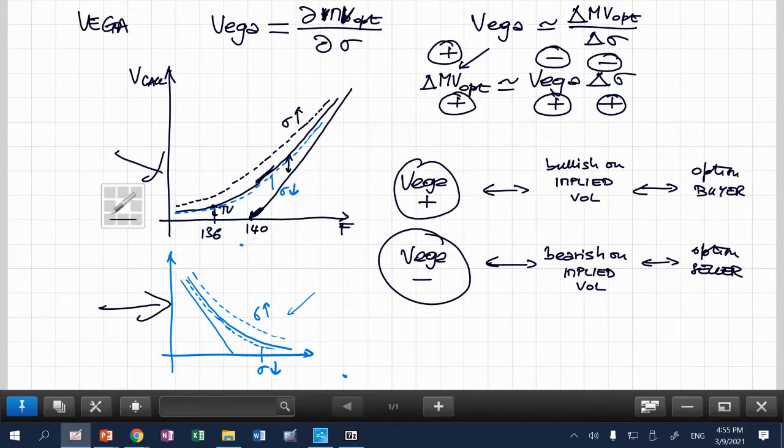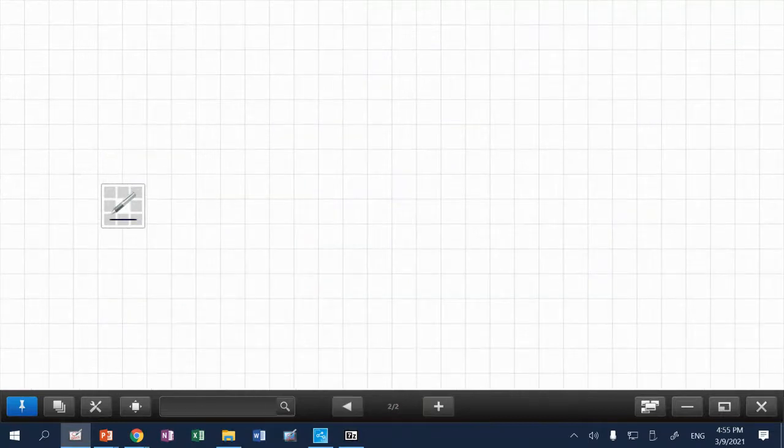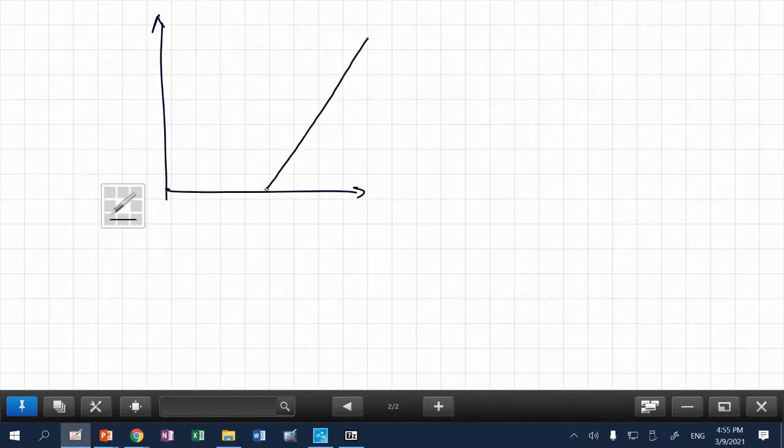Step number 2 is understanding whether Vega is higher for at the money versus in the money or out of the money options, as we did for the other kinds of Greeks. Here we can have first an intuitive idea, and then it could be a little more sophisticated, and I will do both.